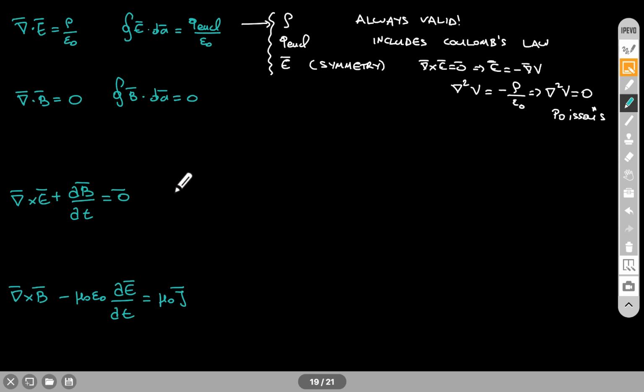Now this is Faraday's law, and we have used it a lot in the integral form.